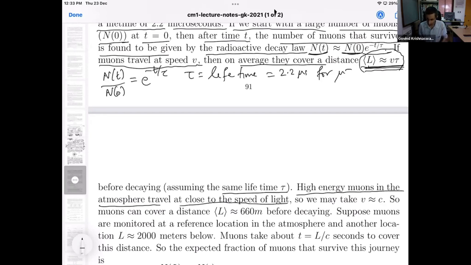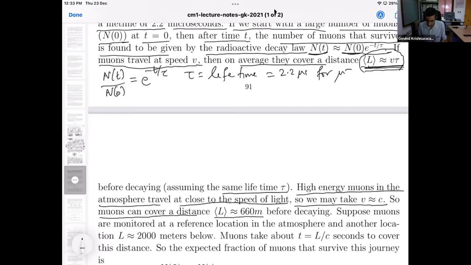So to a first approximation, we can even take that v to be roughly c, just to get an estimate of how much distance they can cover. If you put in 2.2 microseconds and the speed of light, you can compute that the mean distance that muons cover before decaying is 660 meters.